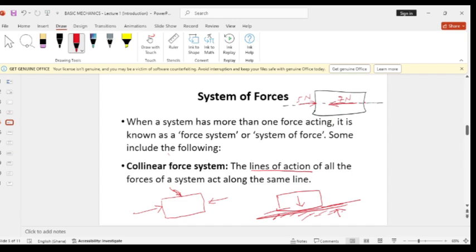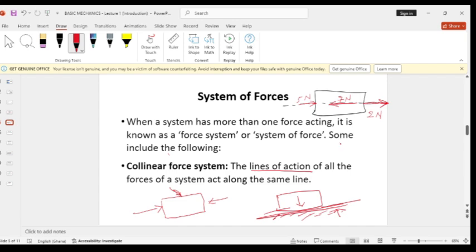It's the same way I may have another force here, acting in this direction, right? Let's say its magnitude is 2 Newtons. So for this particular force system, I have 3 different forces acting along the same line.